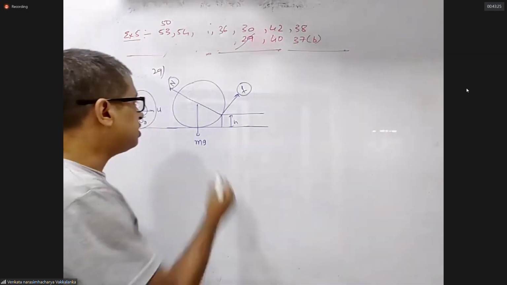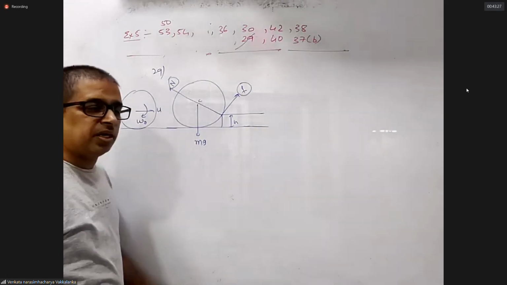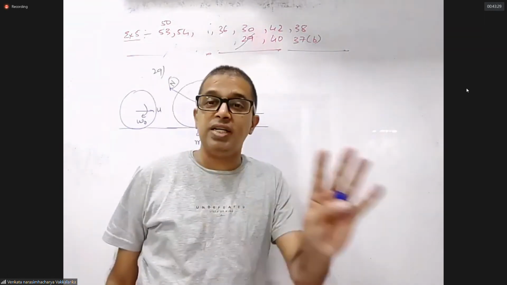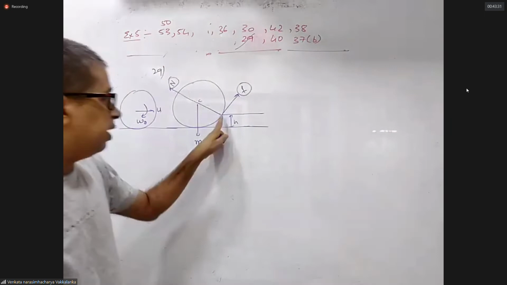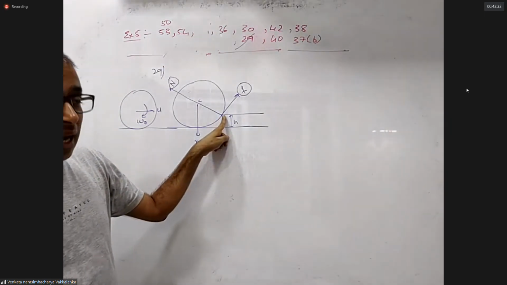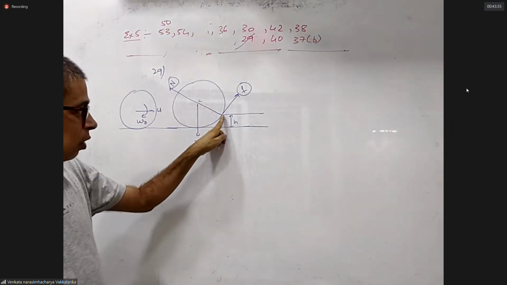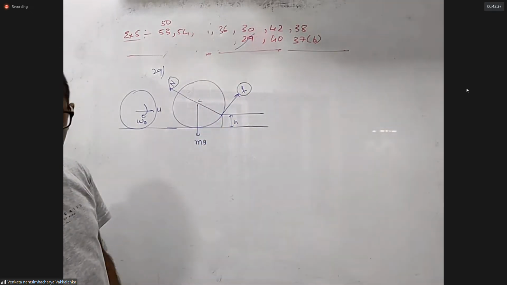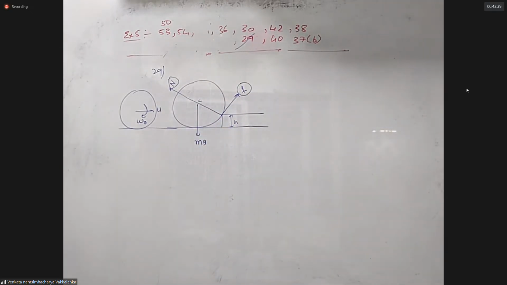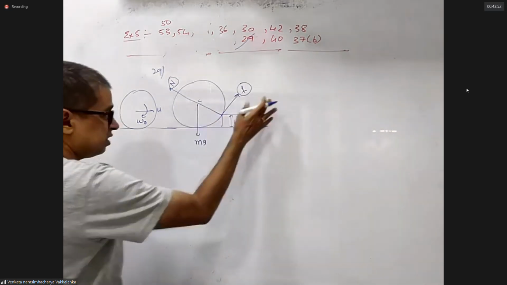Students initially feel they will conserve angular momentum about the center. Don't conserve energy directly. You cannot. It is an inelastic collision here. The body is in contact with the edge when it is climbing up. So do not conserve energy directly.